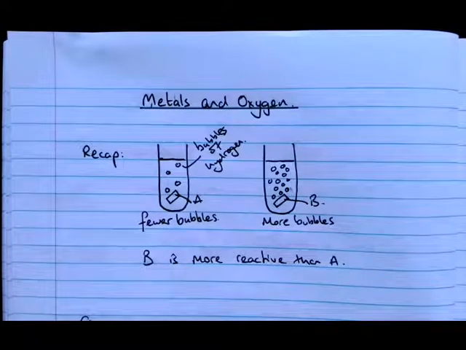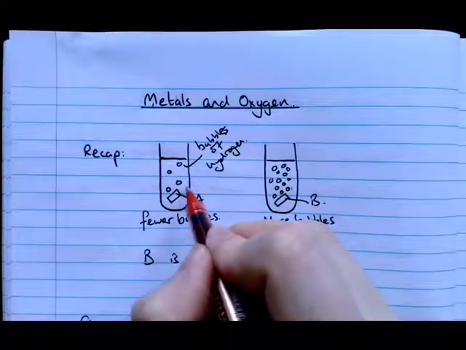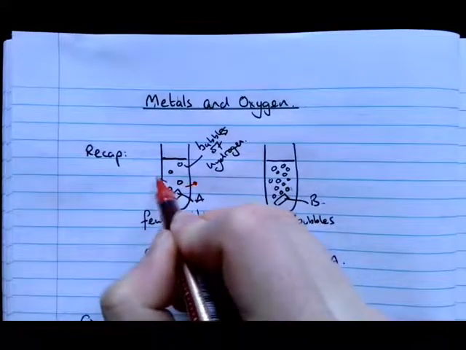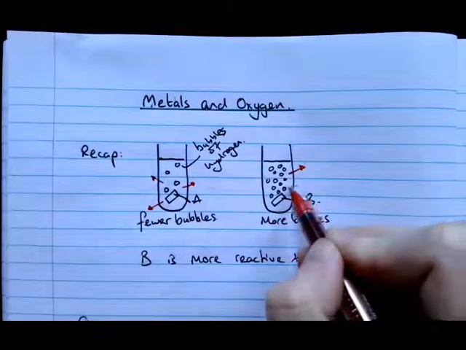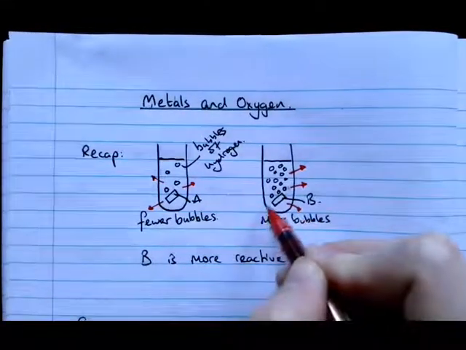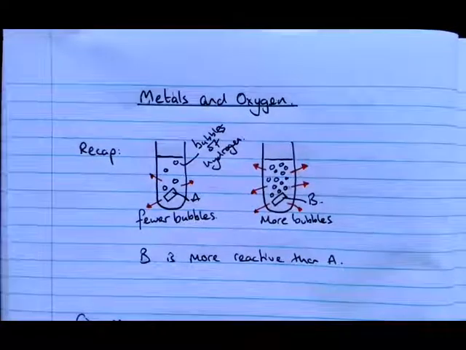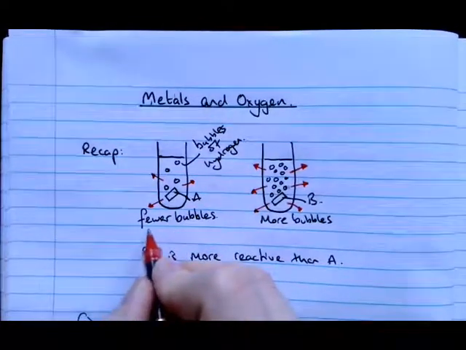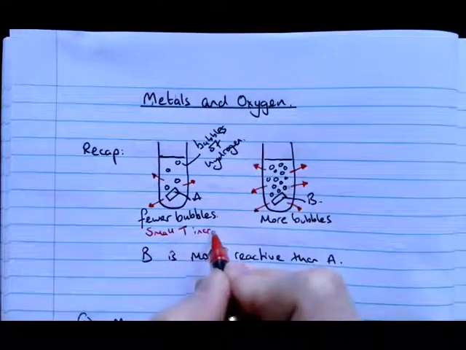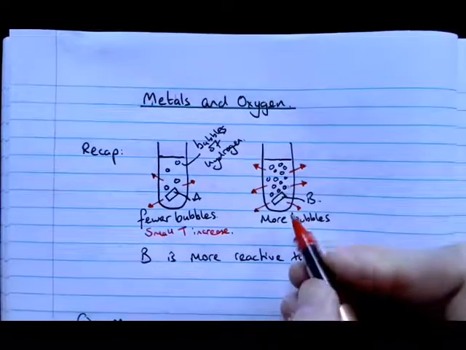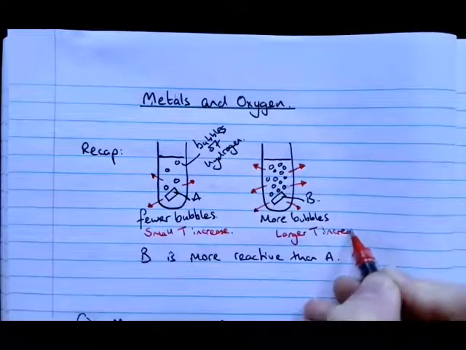We won't be able to do it here, but if you do this reaction, you'll be able to get a small amount of heat. So there's heat coming out of the reaction. With the more reactive metal, you're going to get more heat. So over here you have fewer bubbles and you have a small temperature increase, and with the more reactive metal, you're going to have a larger temperature increase.